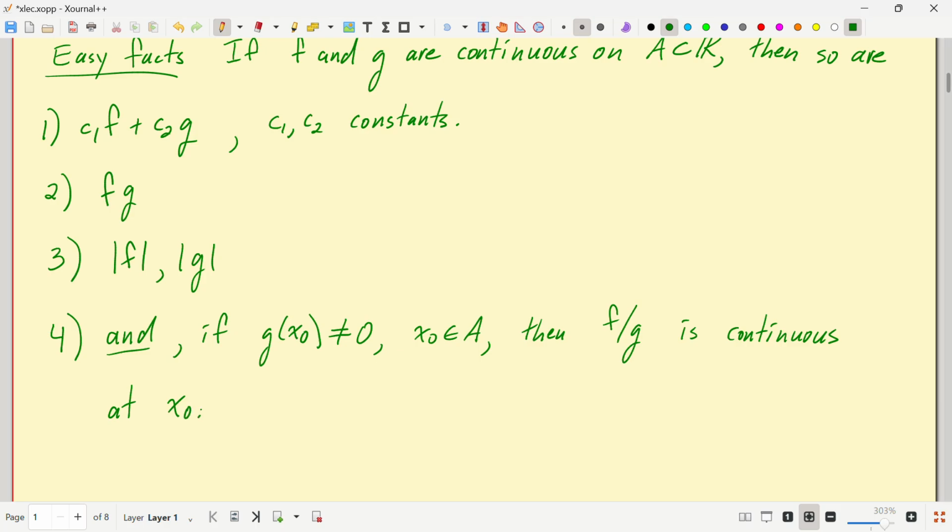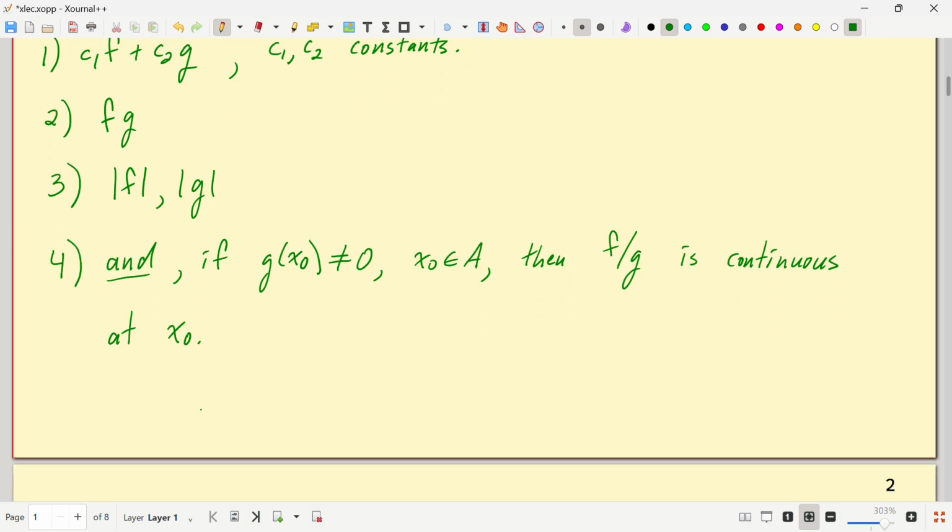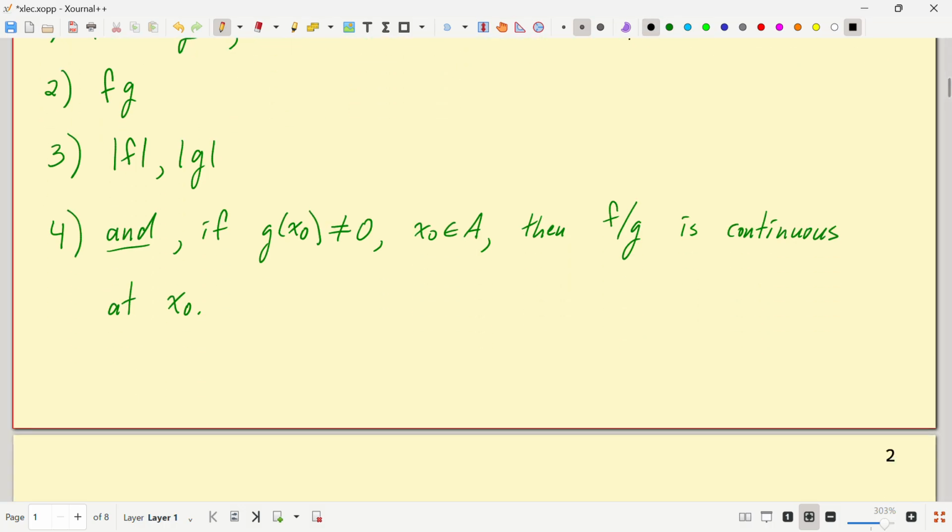Let's see, all the other ones just follow from rules of limits. The one you have to think about a little bit is number 4. Maybe I'll make a number 5 here since I'm going to just get all these out of the way. Let's suppose if f of x is greater than or equal to 0, then the square root of f of x is continuous.